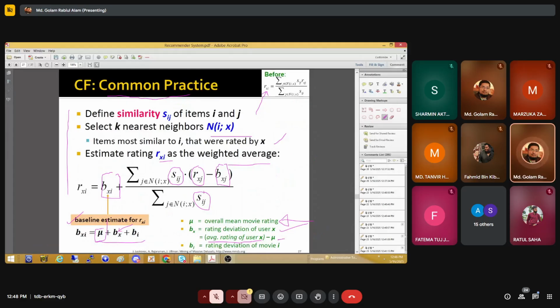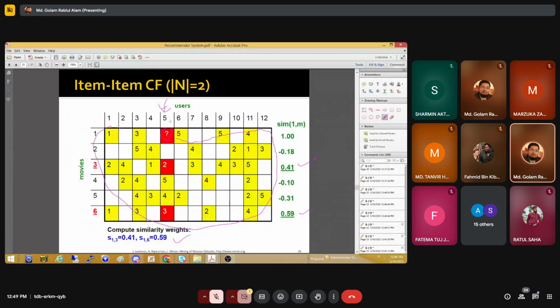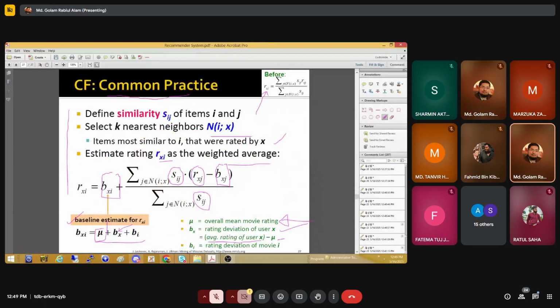So we find the average of that user's ratings, and subtract the mu we have already calculated. This is called the rating deviation of user x.